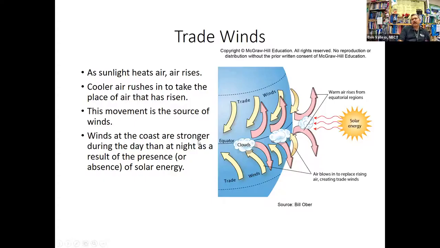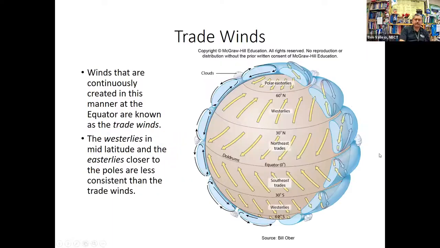This is why winds at the coast are stronger during the day compared to nighttime, because those winds are driven by the sunlight. The sunlight during the daytime is going to drive this process.